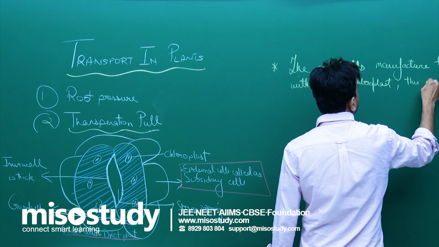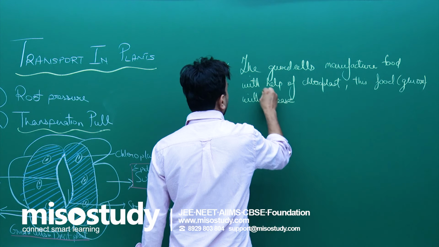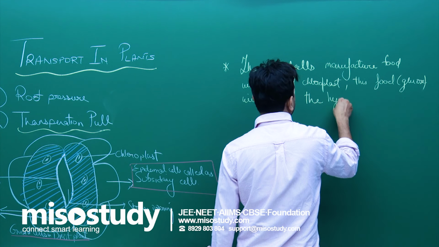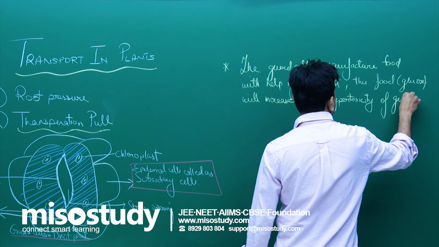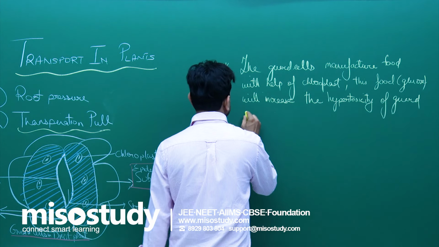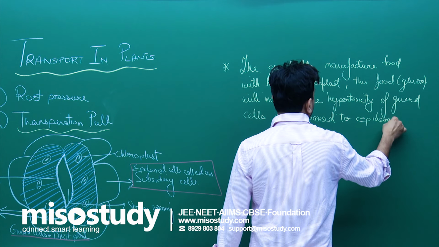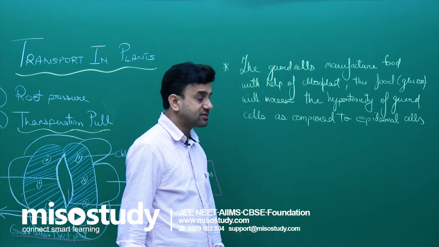This food, which is nothing but glucose, will increase the osmolarity, will increase the hypertonicity of guard cells as compared to epidermal cells, hence endosmosis in guard cells.